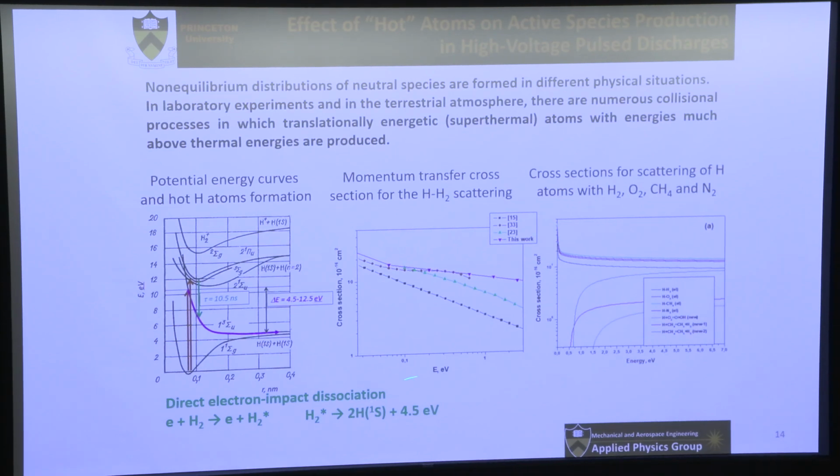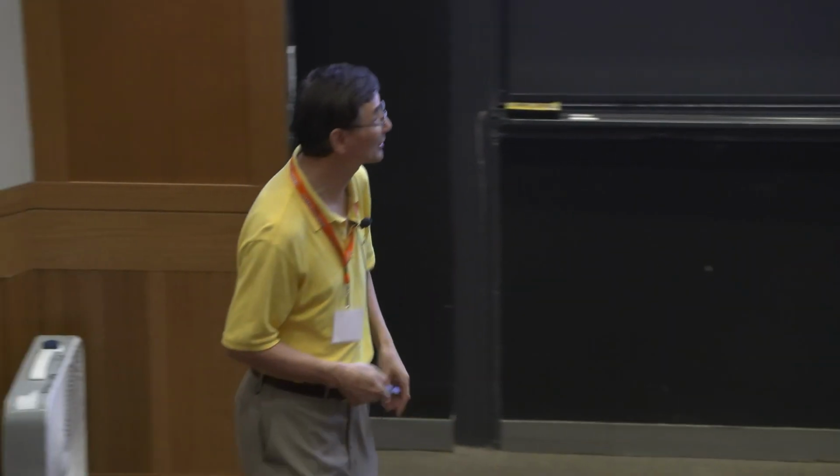When a hot hydrogen atom scatters with other molecules, the cross-section changes. So not only do they produce radicals, they produce hot radicals. The hot radicals change your reactivity and the cross-section as well.